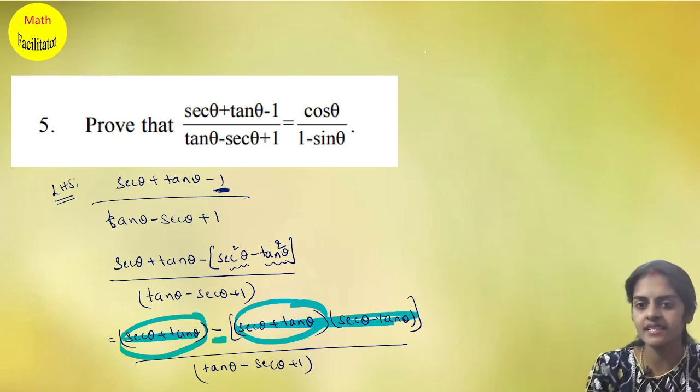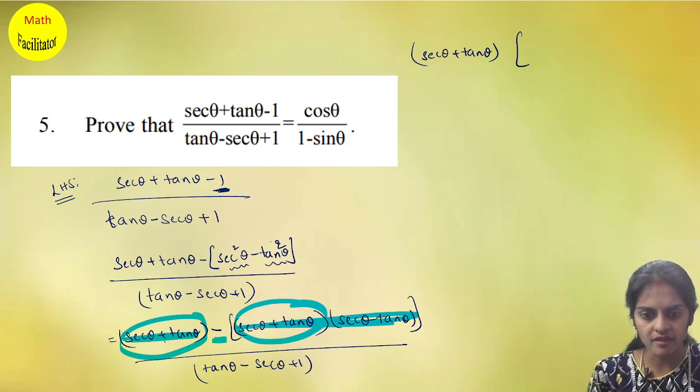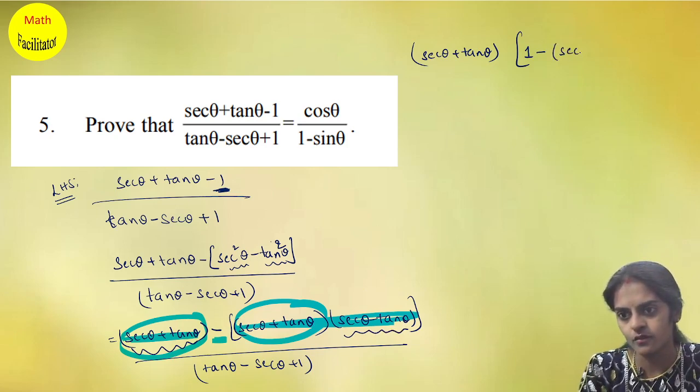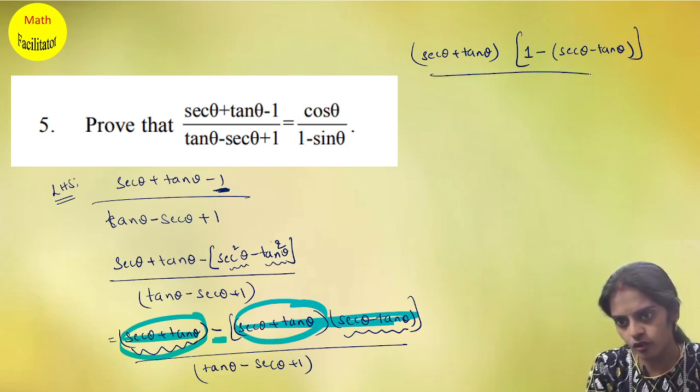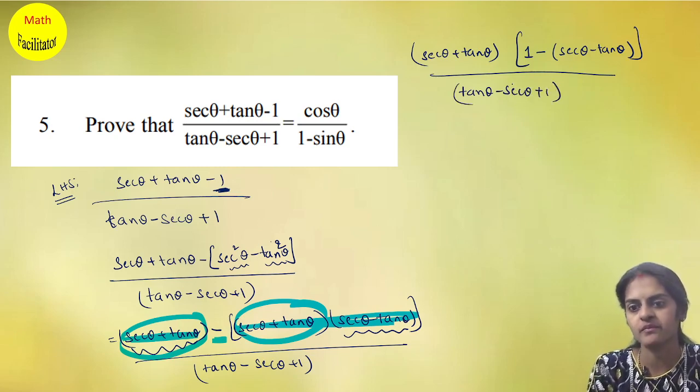From the first term, nothing is remaining, so I write 1 minus, and from the second term, secant theta minus tan theta is remaining. Whenever minus is there, it's good to place a bracket and then solve it in the next step. Denominator take as it is: tan theta minus secant theta plus 1.